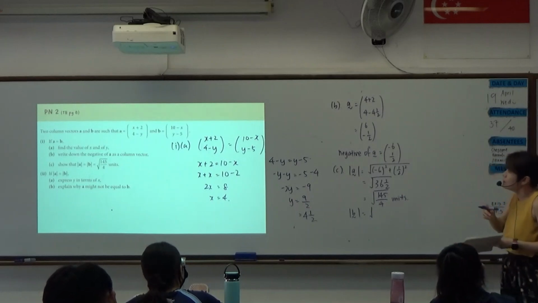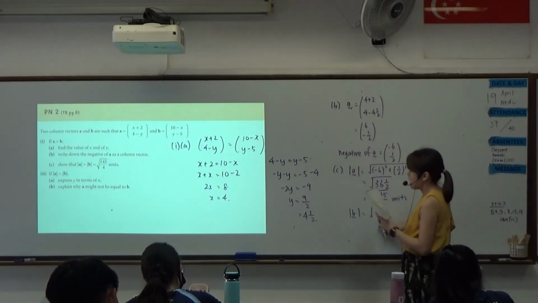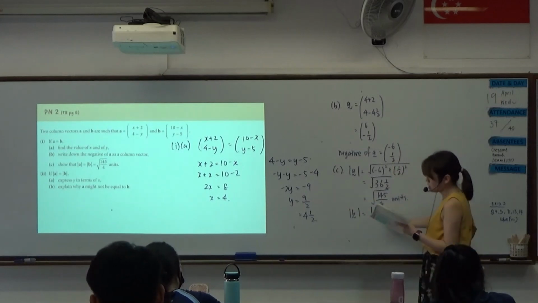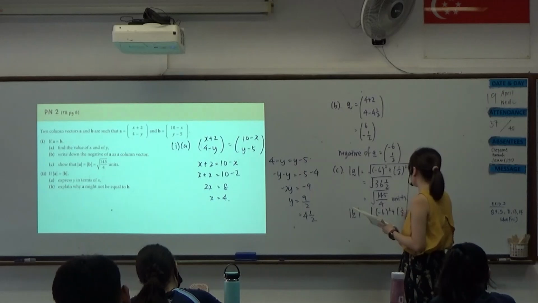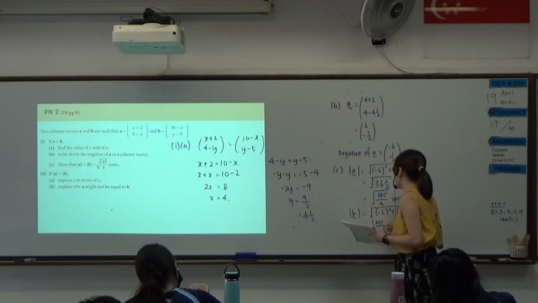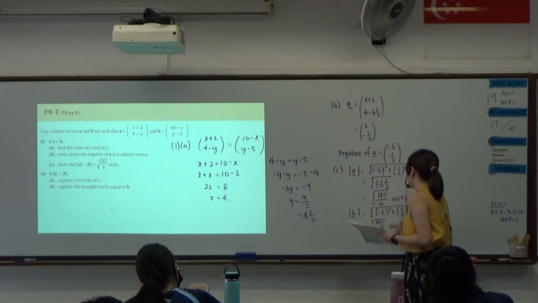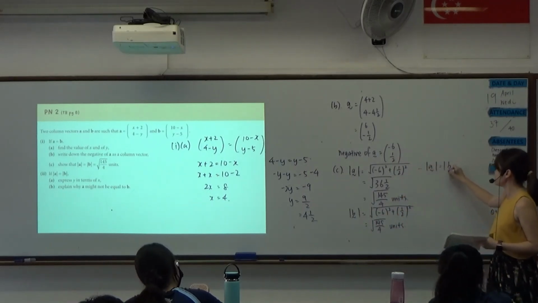Clearly because our vector B will also be 6 and negative half, our magnitude of B will also fulfill the same calculations. And therefore the two magnitudes are equal.